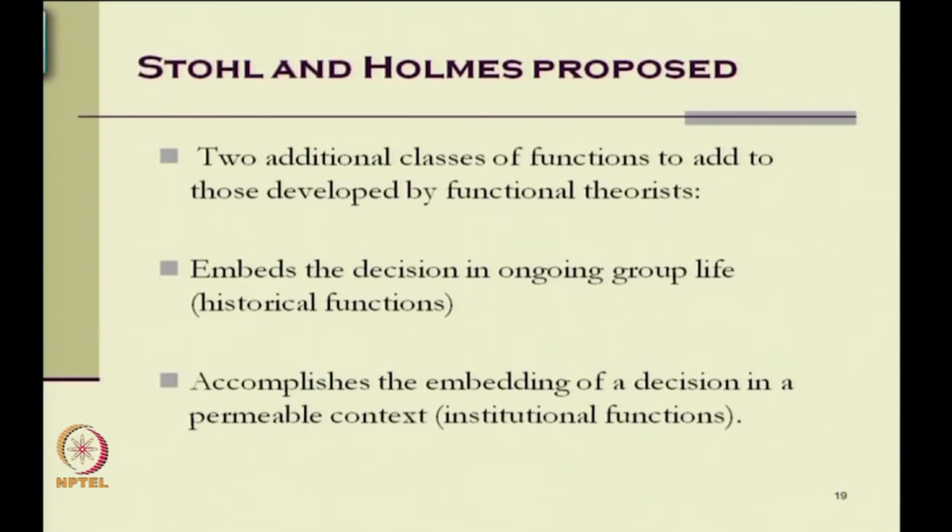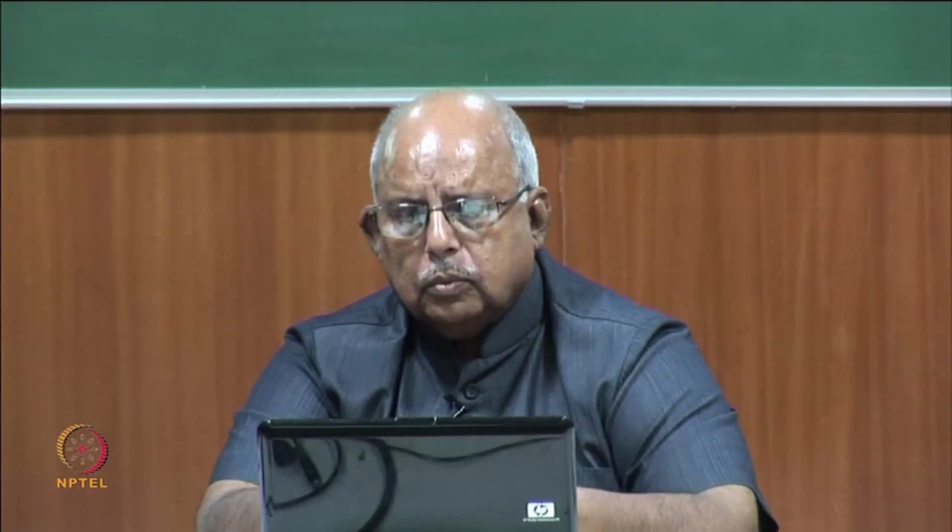It would accomplish the embedding of a decision in a permeable context, that is institutional functions. In other words, the decision being taken must be in systemic consistency and must be at peace with what the operational parameters of the organization are.